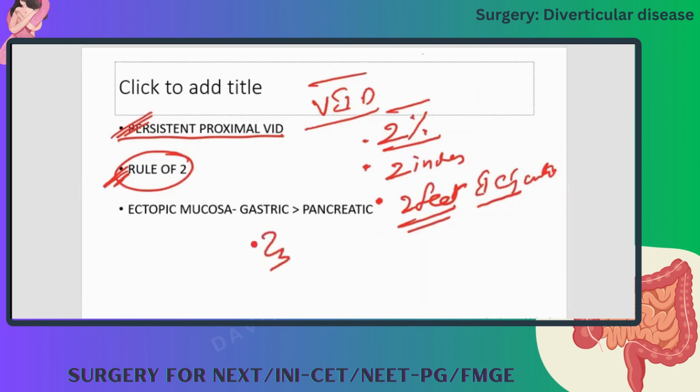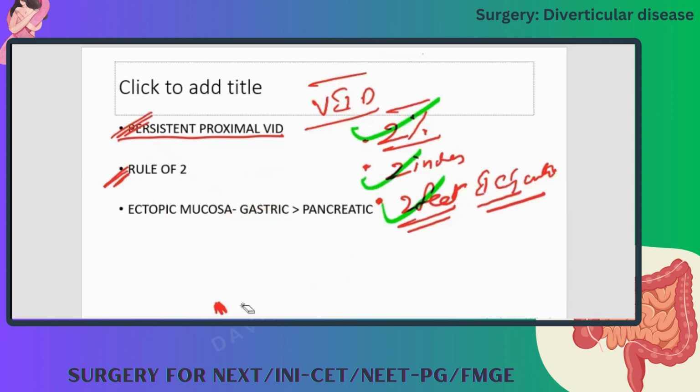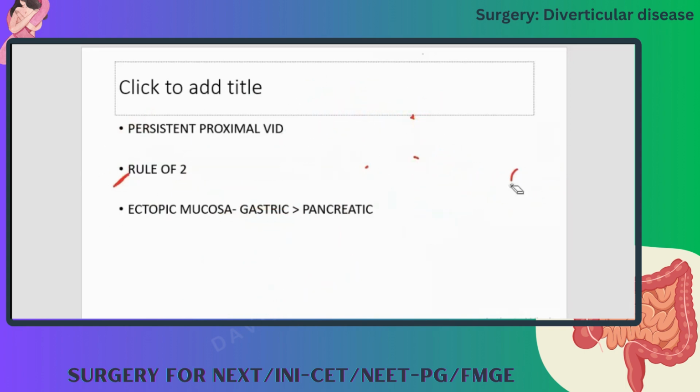So suppose this is the small bowel, this is the colon, this is the IC junction. It lies approximately 2 feet from the IC junction. So this is the rule of 2: 2% population, 2 inches and 2 feet from the IC junction. These are all important MCQs.